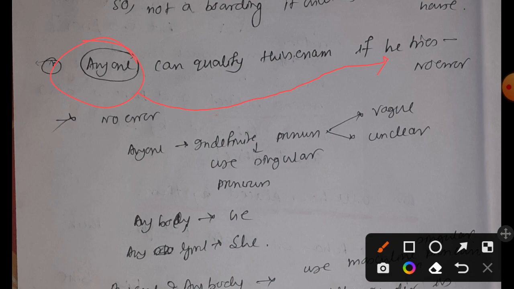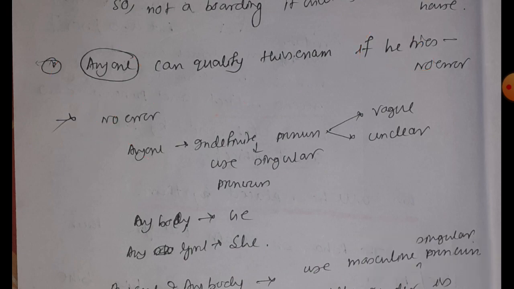Here another important thing: if in place of anyone there is any boy, then under such circumstances you have to use he. You have no other choice; you cannot use she or it when there is already any boy present. That means if the sentence was, any boy can qualify this exam if he tries, you cannot replace he with she, because the gender is already mentioned.